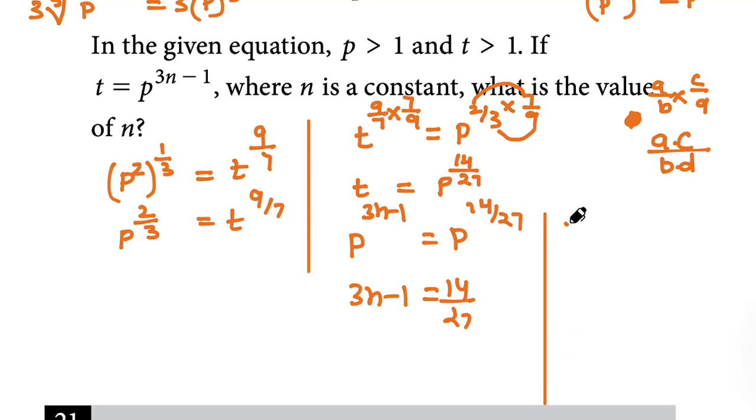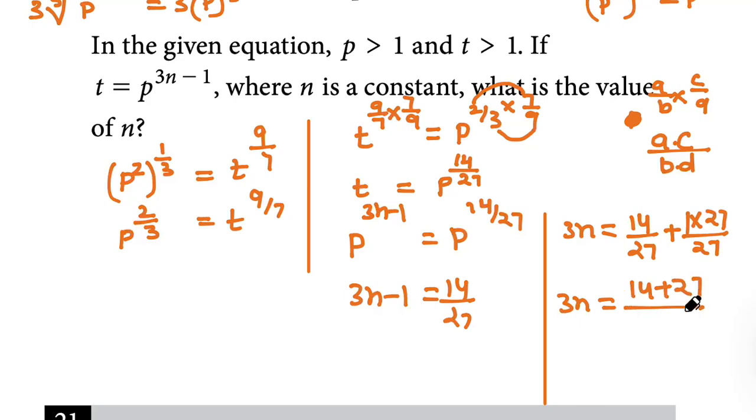Now fractions are tested. Adding 1 on both sides. When adding fractions, either we can use the butterfly method or we can make the denominator the same. Here making the denominator the same makes much more sense. So it is 14 plus 27 over 27.